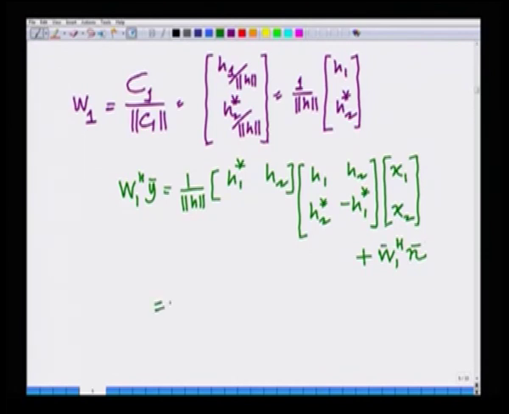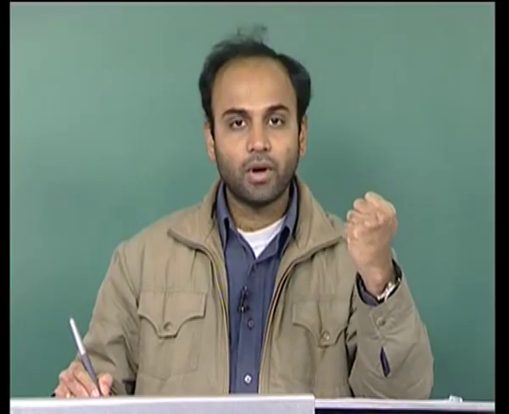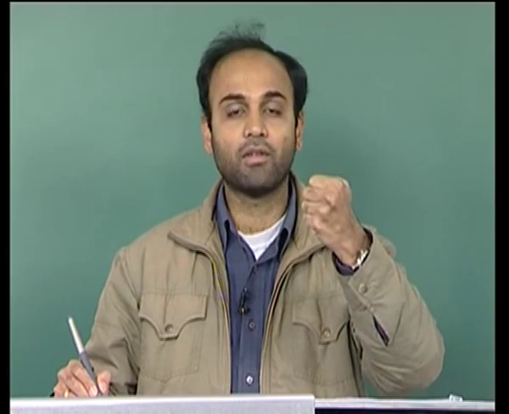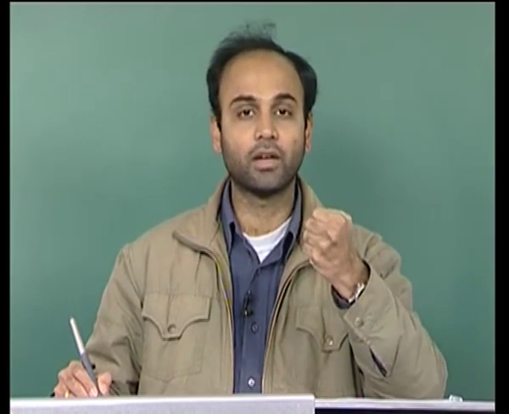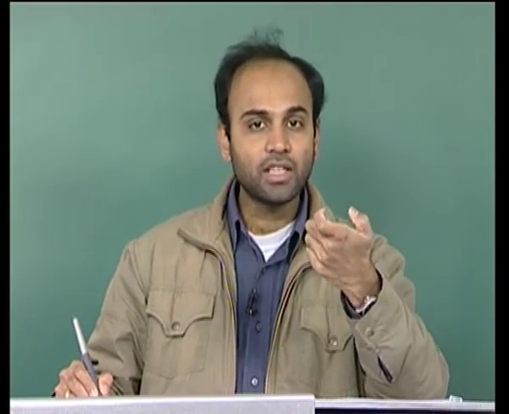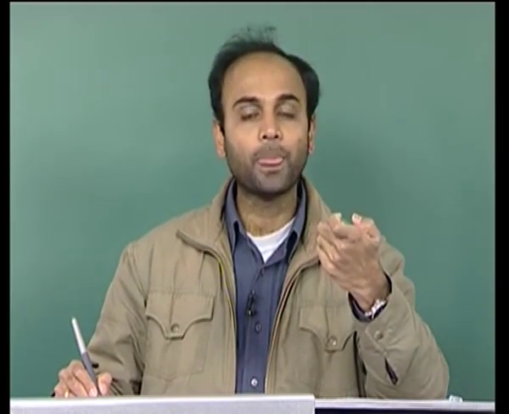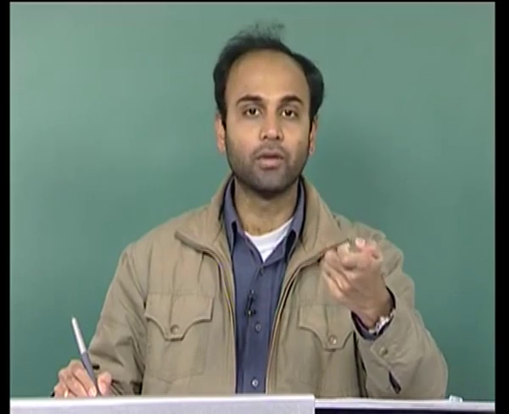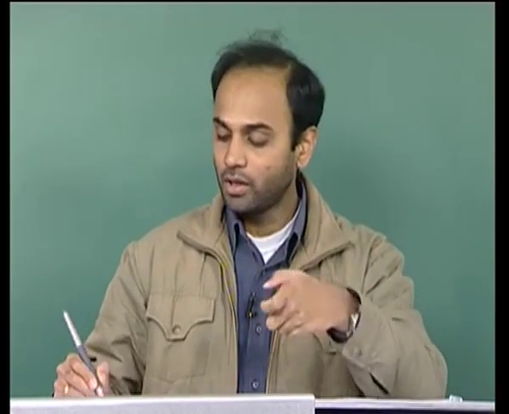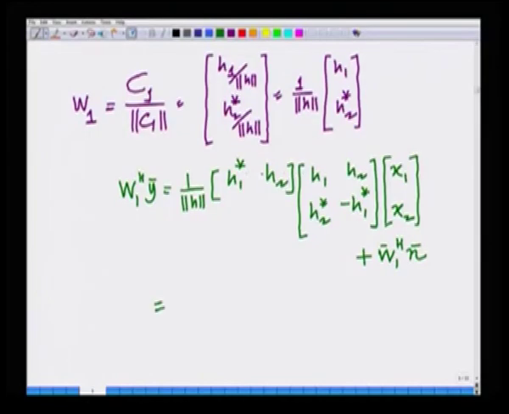So, what I am doing is, at the receiver I am taking y1, y2 conjugate, which I am calling y bar, that is I stacked y1, y2 conjugate to get the equivalent 2 cross 2 Alamouti system model. I am receive beamforming using W1, which is the receive beamformer, so I am multiplying by W1 Hermitian. You can see W1 is derived from column 1, hence it is orthogonal to column 2.